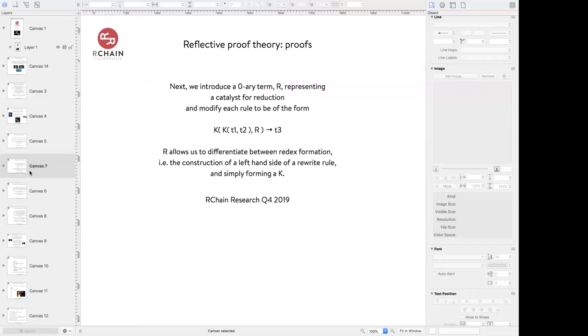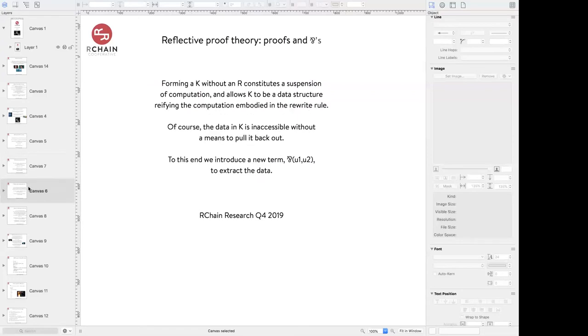Since we have this construction, we can now build our proof rules. And just to give some interpretation, some intuition, forming a K without an R constitutes a suspension of computation.